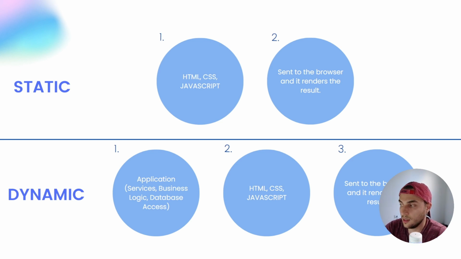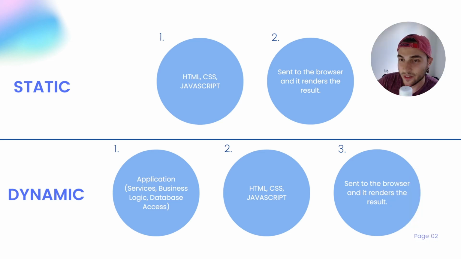All right, and so if you need just some markup, HTML, some styling, and some effects with JavaScript, then a static website is going to cut it, and you're going to be saving a lot of effort and time. So now we're moving into dynamic websites.